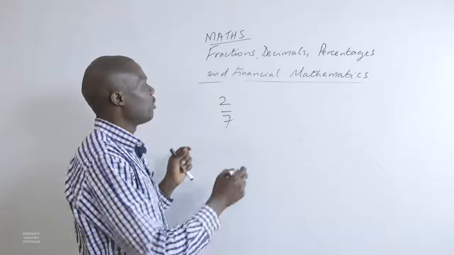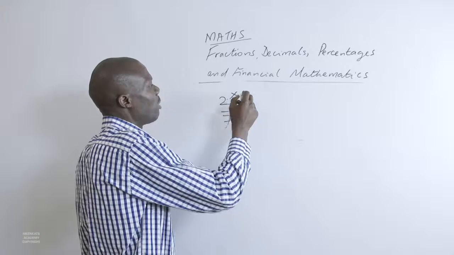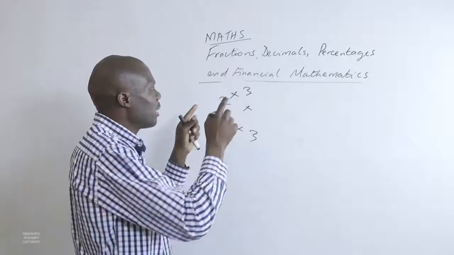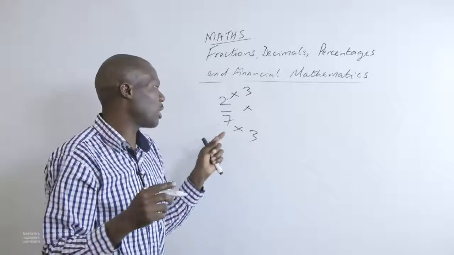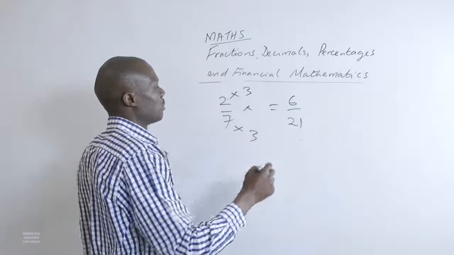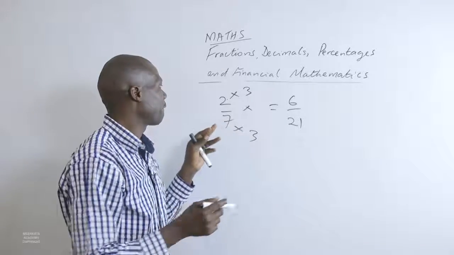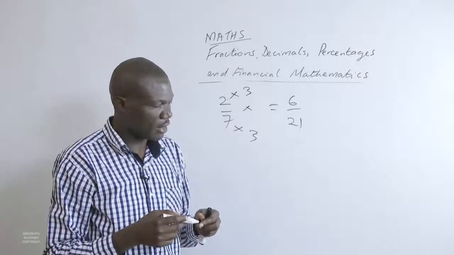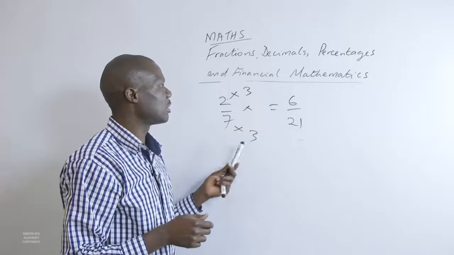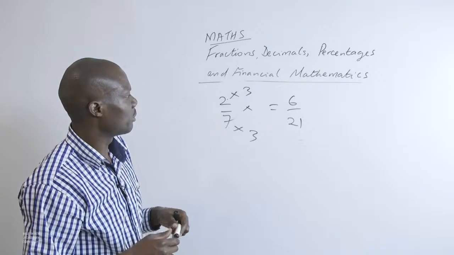If you choose to multiply the numerator by 3 and the denominator by 3, the same number, this will give us 6/21. 6/21 is the same as, or is equivalent to 2/7. So these two are equivalent fractions.